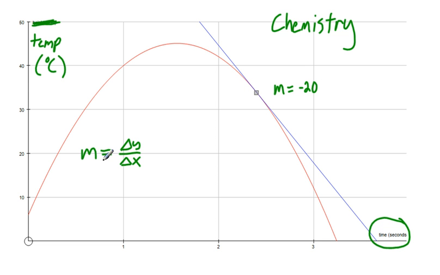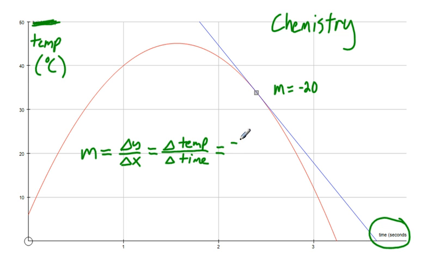Because slope measures change in y and change in x, I'm simply going to think of this as a replacement. I'm going to replace the letter y, or the dependent variable, with temperature. And then change in temperature over change in time. So in order to do that, I really need two numbers.